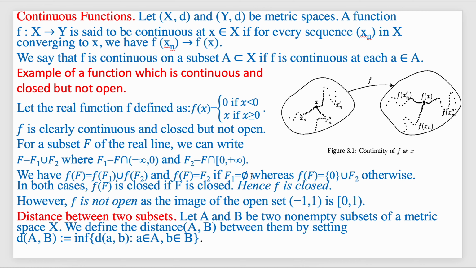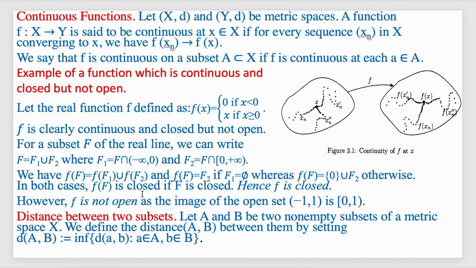So f of F is F2 if F1 is empty, and f of F is the singleton set 0 union F2 otherwise. In both the cases we say that f is closed. It means this function f is closed.